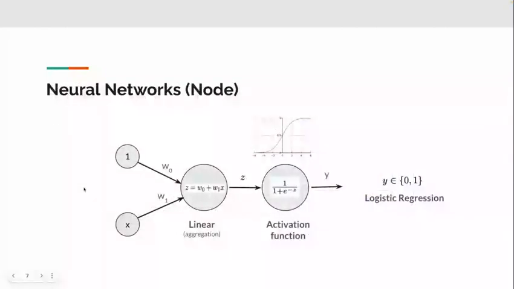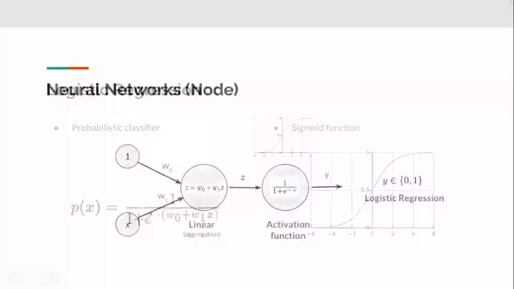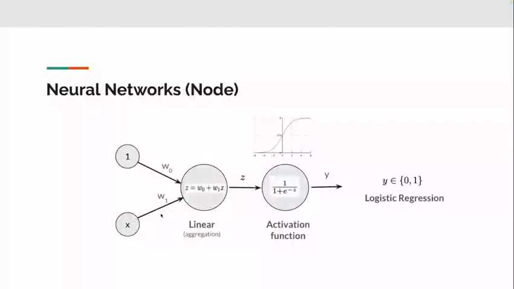We have represented the same function here using some diagrams. Here we have a two-step process. Your input feature is X. G is a linear combination of your input X, the corresponding parameter W1, and bias term W0. If you recall, this is a linear regression format.